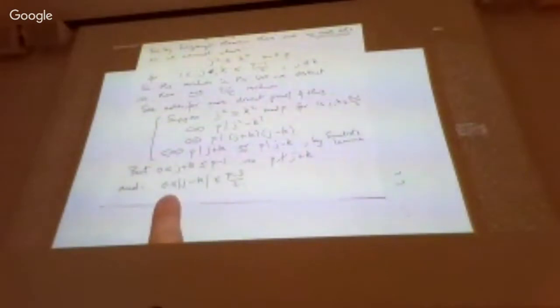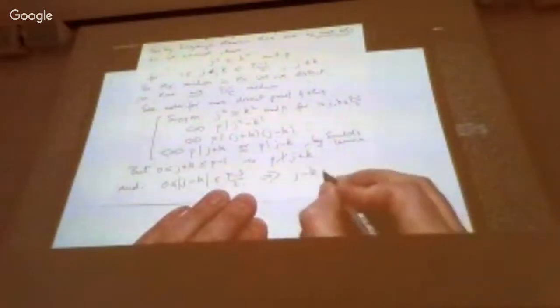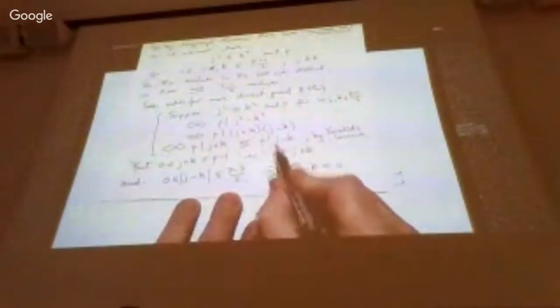But they include 0, happily this time, because they need to, because p has to divide this difference. So that implies j minus k is equal to 0.